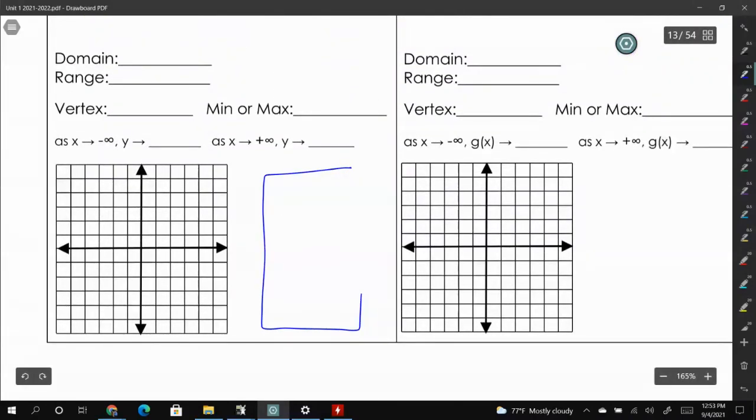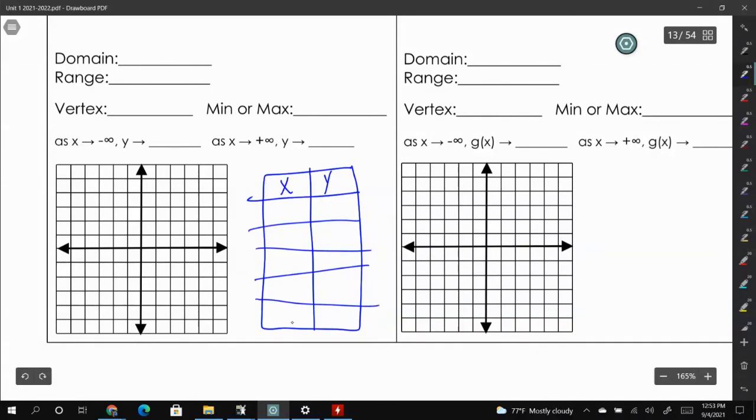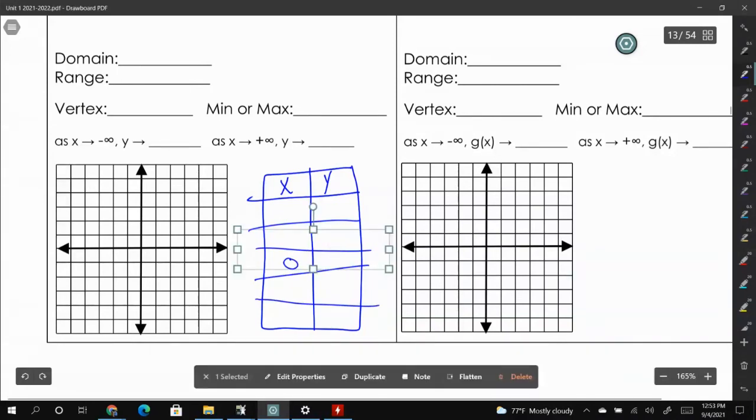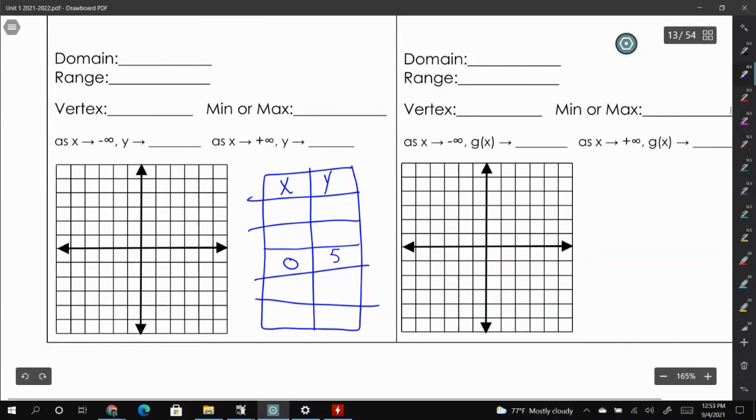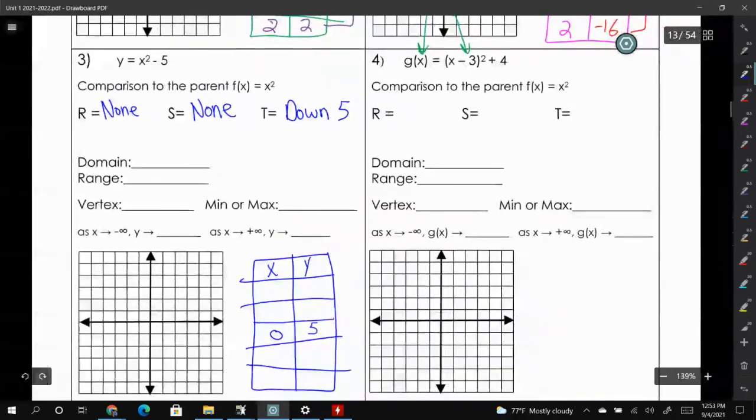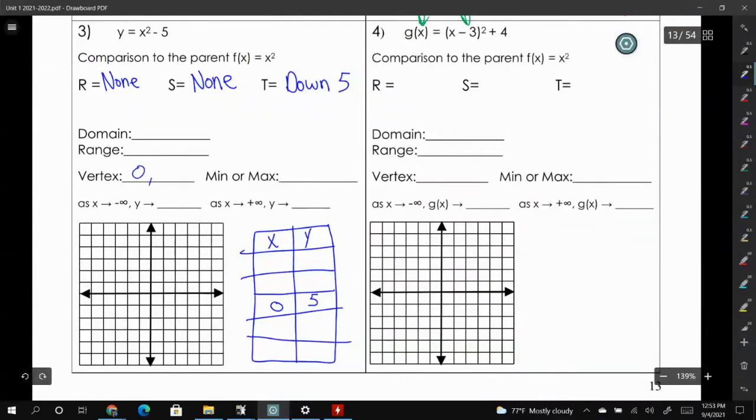Right, so then let's make our table here. We're not shifted left or right any. Our x value of the vertex is still 0. And we are down 5, so let me fix that. There we go, -5.